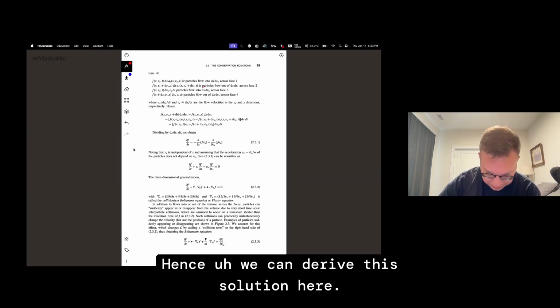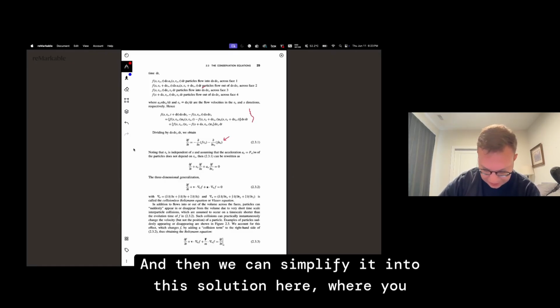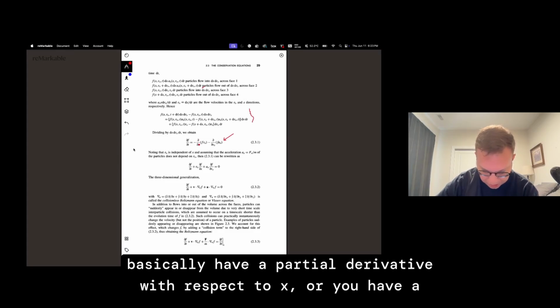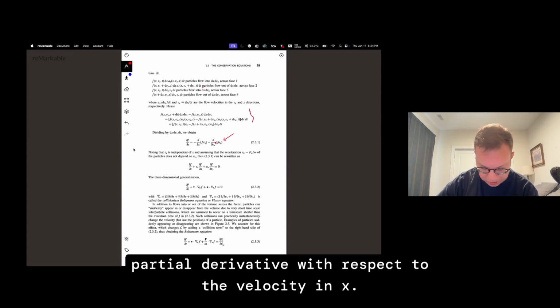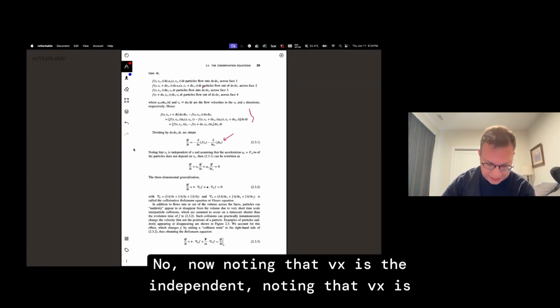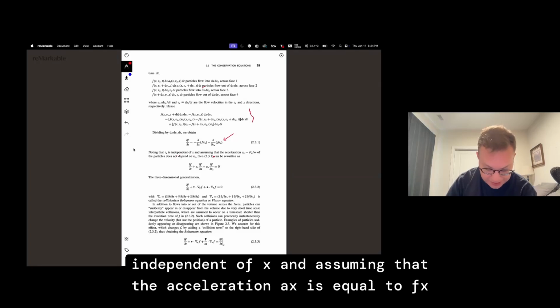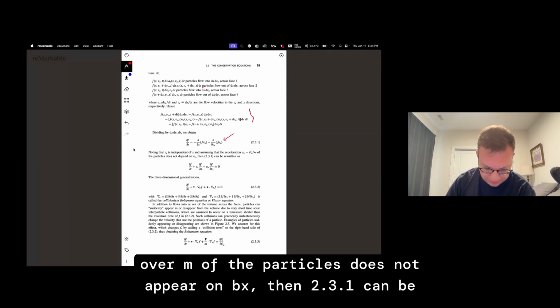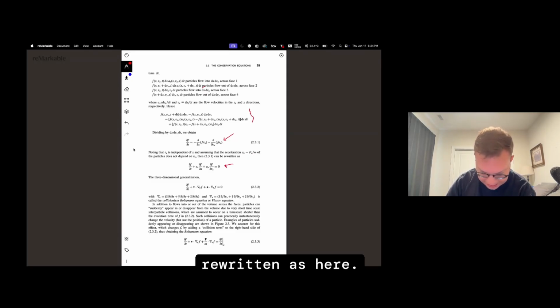Hence, we can derive this solution here, and then we can simplify it into this solution here, where you basically have a partial derivative with respect to x, or you have a partial derivative with respect to the velocity in x. Now, noting that vx is independent of x, and assuming that the acceleration ax, equal to fx over m, of the particles does not depend on vx, then 2.3.1 can be rewritten as here.